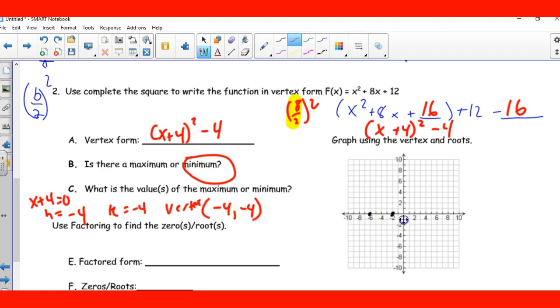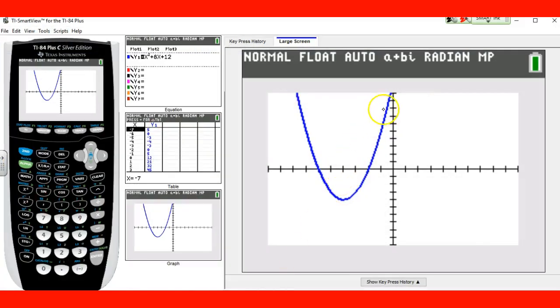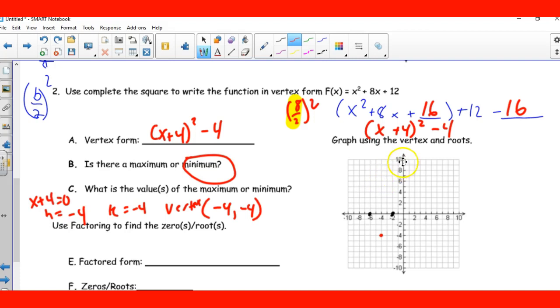There's the vertex. Now let me graph this thing right here. What's my y-intercept? Up 1, 2, 3, 4, 5, 6, 7, 8, 9, 10. Up here, so I'm going up here.